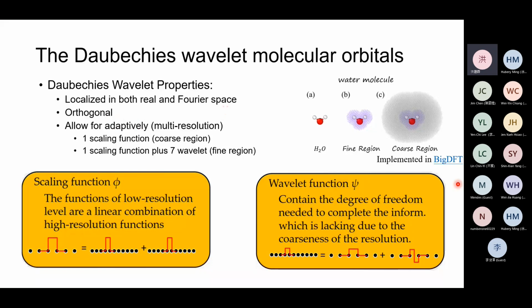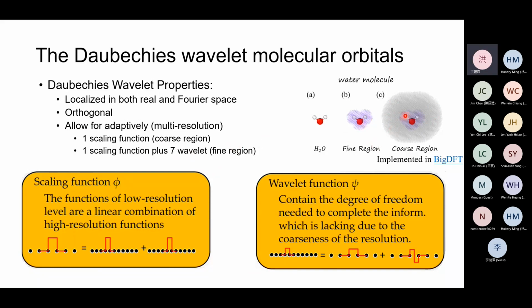And most importantly, it has adaptivity, or what we call multi-resolution. What is multi-resolution? Take the water molecule here, for example. Near the atom, the blue part, we can use high resolution, carrying both the scaling function and the wavelet function, so we use 8 degrees of freedom to describe the denser electron density part.